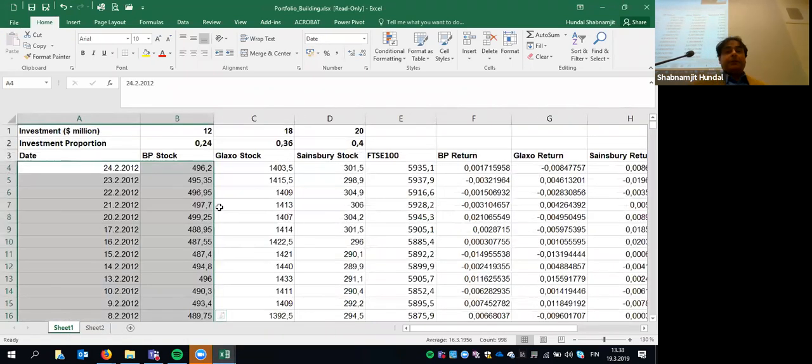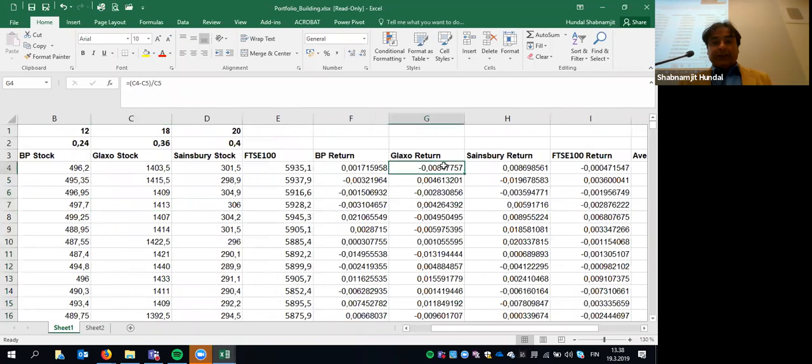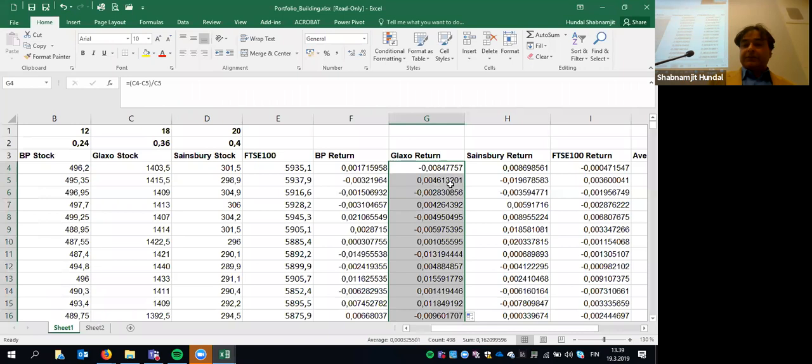So that is the way you can calculate the BP stock return. You can also calculate the GlaxoSmithKline stock return. This time the Glaxo return is equal to Glaxo's current price minus Glaxo's previous price, brackets close, and then divide by Glaxo's previous price. Then you do the same trick and it goes all the way down.